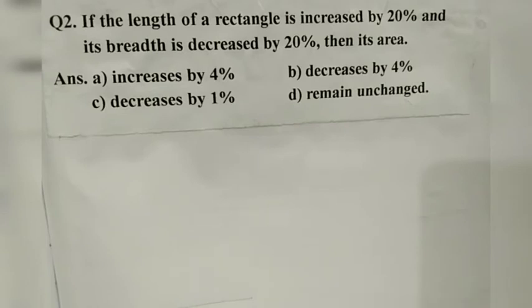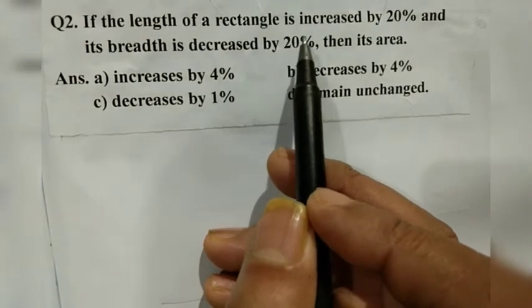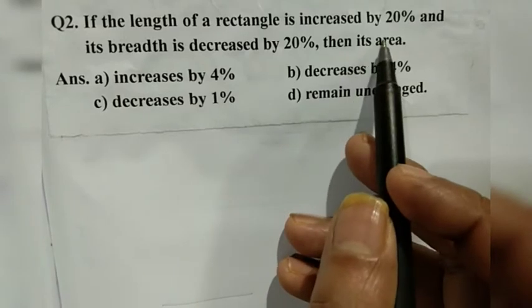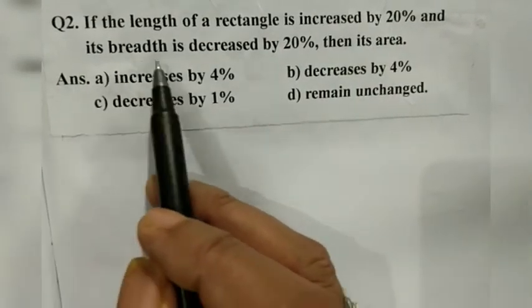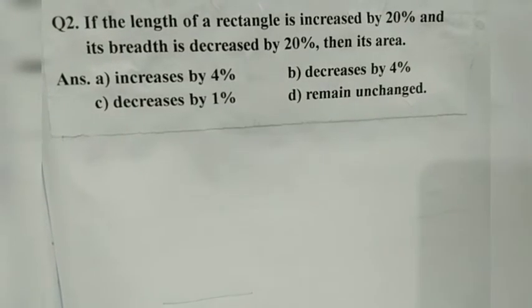Let's see the second question. If the length of a rectangle is increased by 20% and its breadth is decreased by 20%, then its area.